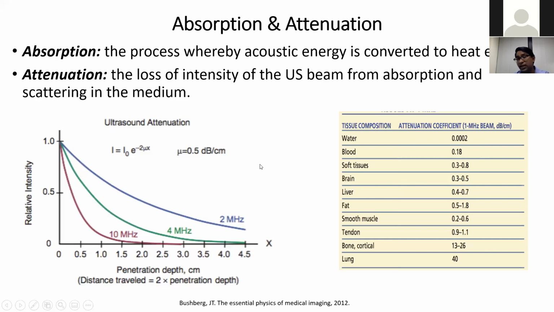Attenuation plays a very important role in how deep we can image. Sorry, if you want to image a very deep organ, we cannot use a very high frequency because the attenuation for that high frequency would be very substantial as we go deeper.